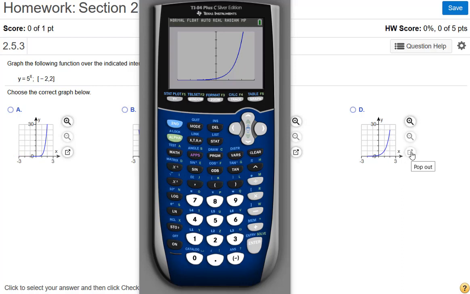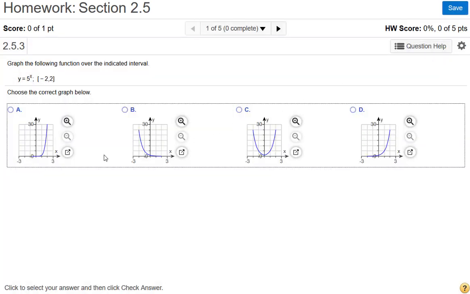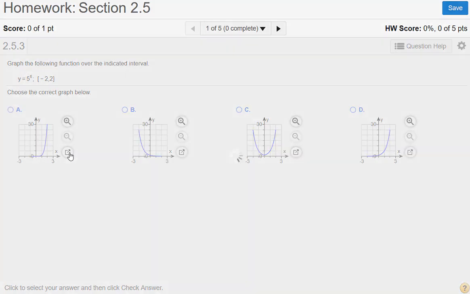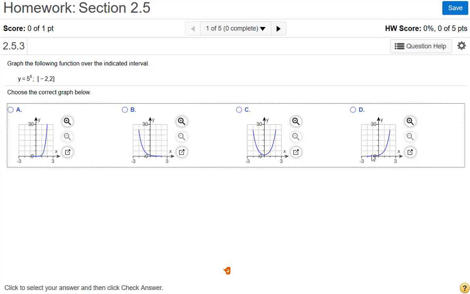If we use the expand button, we can get a huge graph and have a look at that, and then the same thing for the A choice. You notice on the A choice that the x-intercept down here is way down, very close to 0, and that is not what ours is.